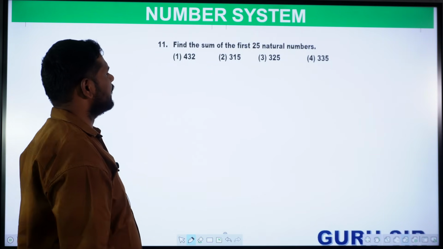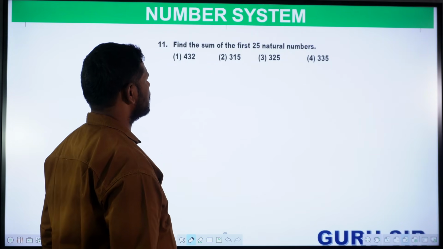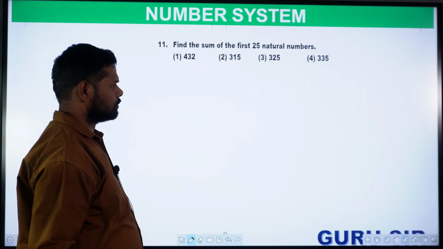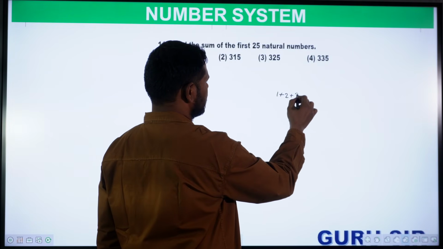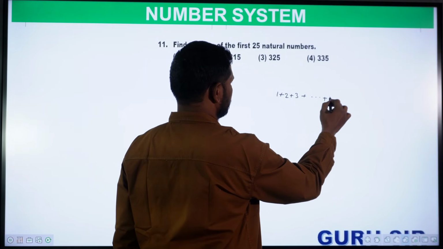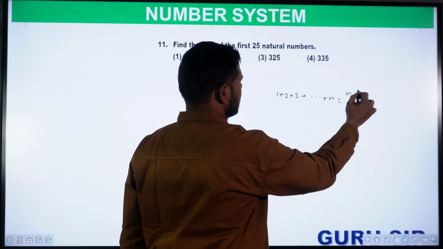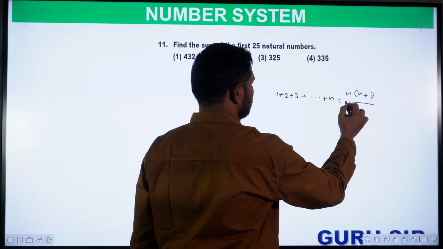Next, find the sum of first n natural numbers. So we know the formulas. 1 plus 2 plus 3 and so on up to n: the sum of first n natural numbers is n into n plus 1 by 2.